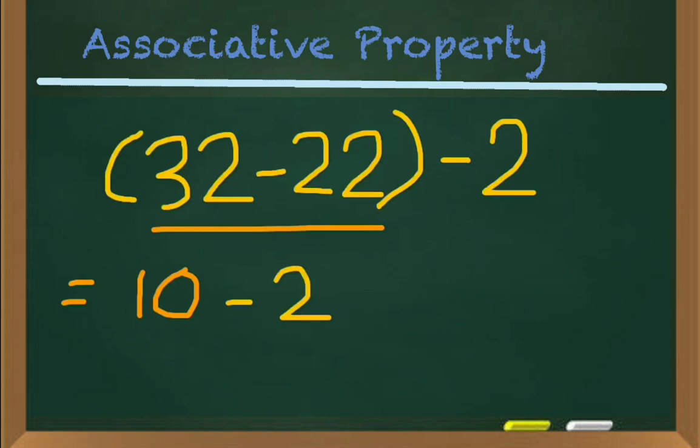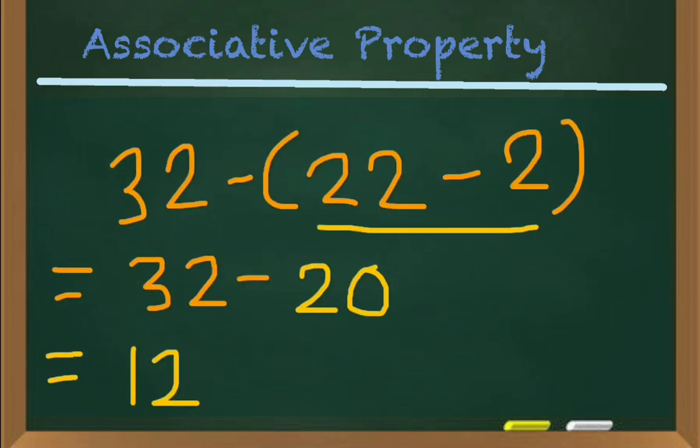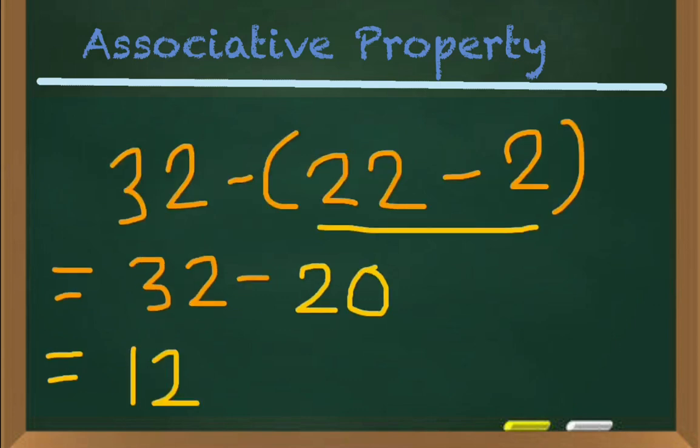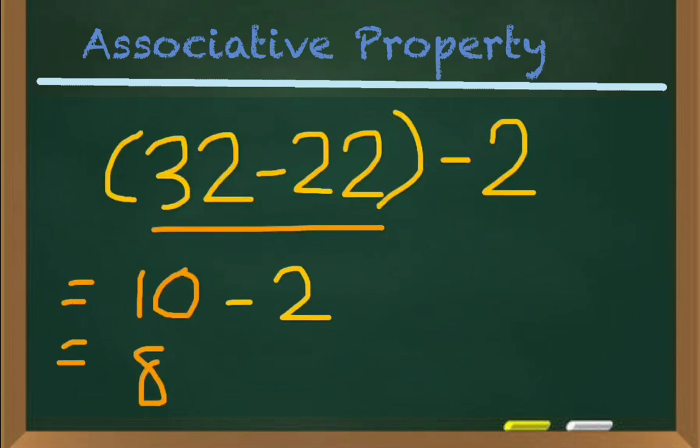Minus 10 minus 2 is equal to minus 12. So it is clearly visible that this answer and this answer are totally different. So this proves that when the grouping of integers is changed while doing the subtraction, the result also changes, as you can see here in the examples. So this proves that the associative property does not hold true for the subtraction of integers.